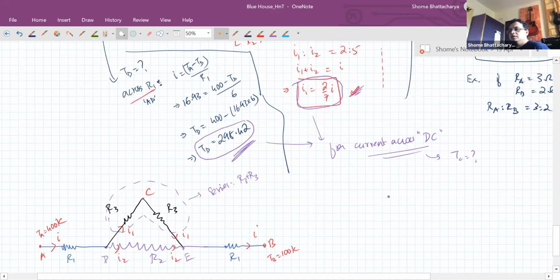So we will have the current I1 is equal to TD minus TC divided by R3. So I1 is nothing but 2 by 7 of I. This is nothing but 298.42 minus some unknown temperature divided by R3, and R3 was 10.